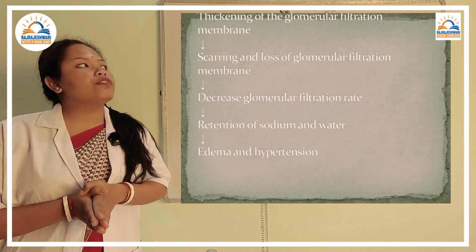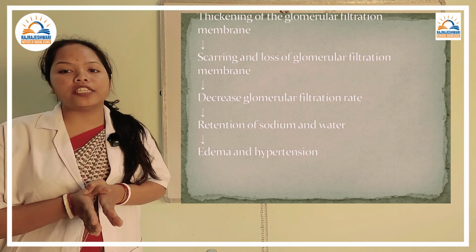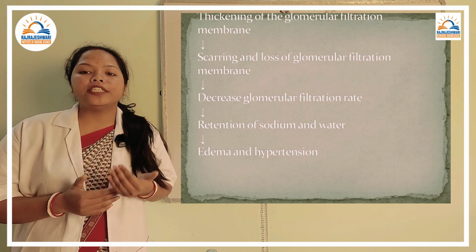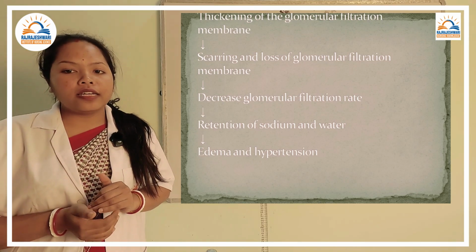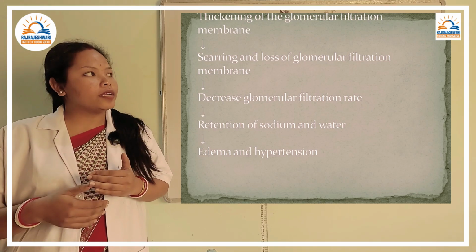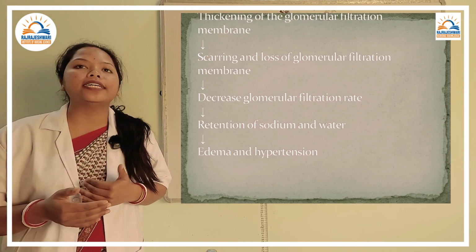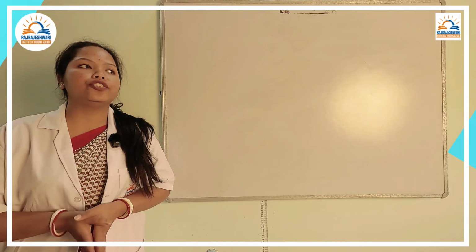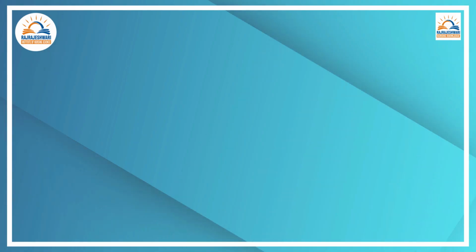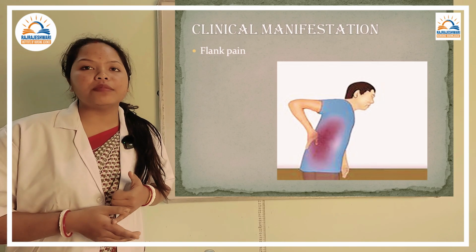Then due to decreased glomerular filtration rate, it can lead to retention of sodium and water, and due to retention of sodium and water, it can lead to edema and hypertension, and this can lead to glomerulonephritis. So next is clinical manifestation.